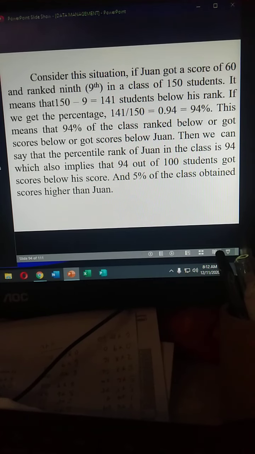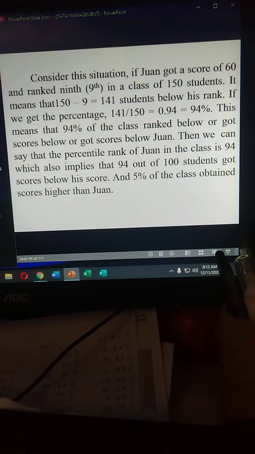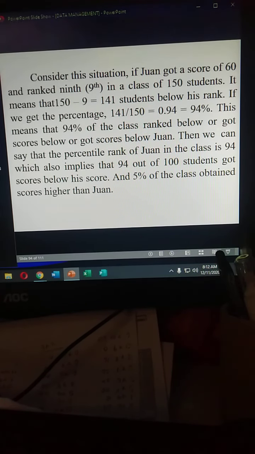Okay, meron daw 150 students at si Juan ay he ranked 9 in the class. Rank 9 siya, meaning doon sa 150 ibabawas mo yung 9 and the answer is 141. So meron siyang natalo, or mga estudyanteng below his rank is 141, diba?